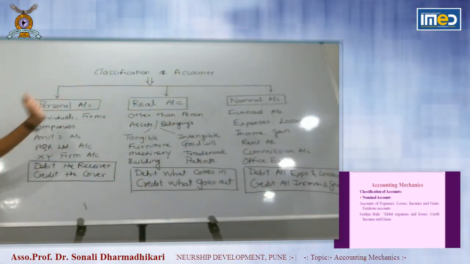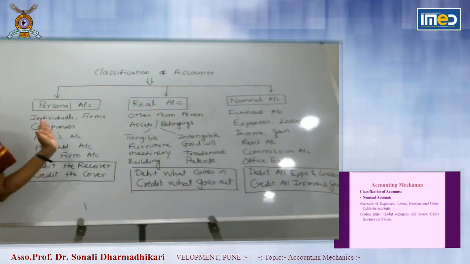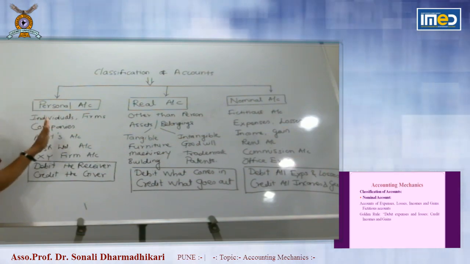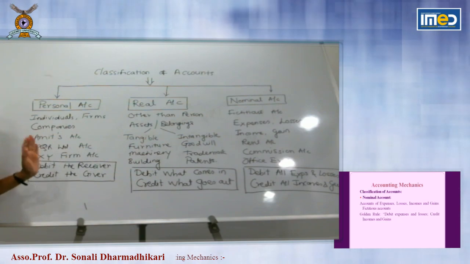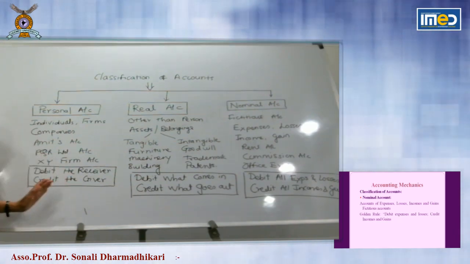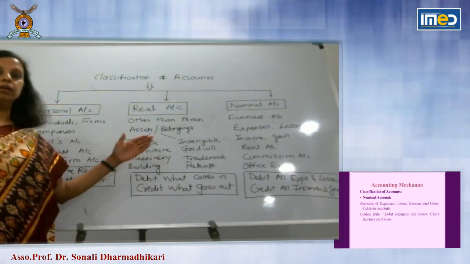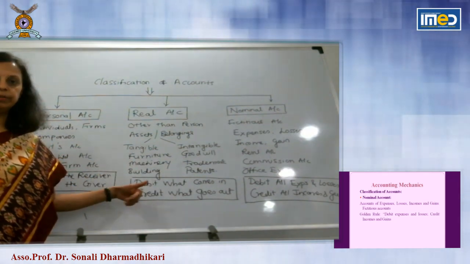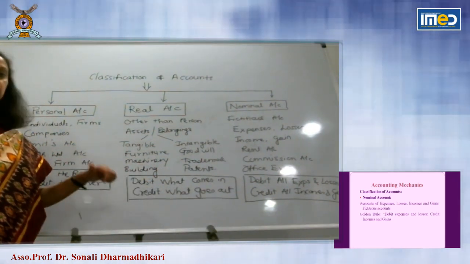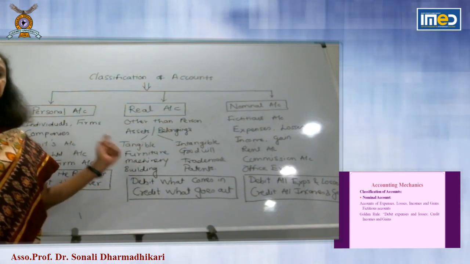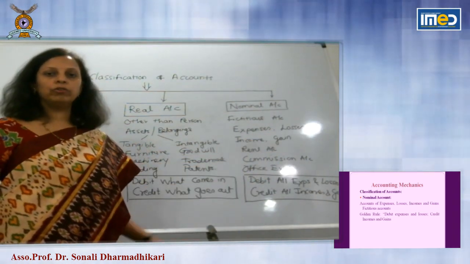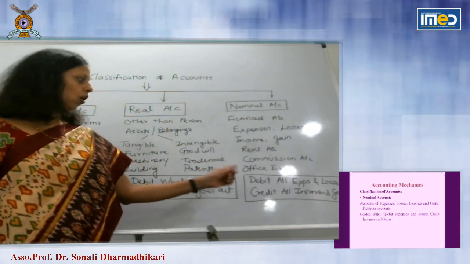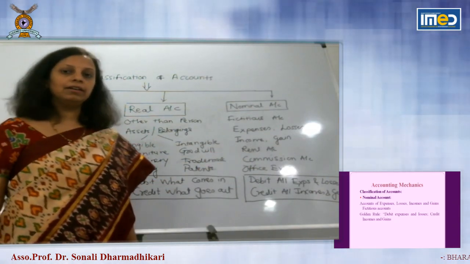Now let us repeat the rules. Personal account, all types of person come. The receiver will be debited and the giver will be credited. Real account, whatever is coming into the business is debited, whatever is going out of business is credited. Then all types of expenses and losses of business are debited and all types of incomes and gains are credited.